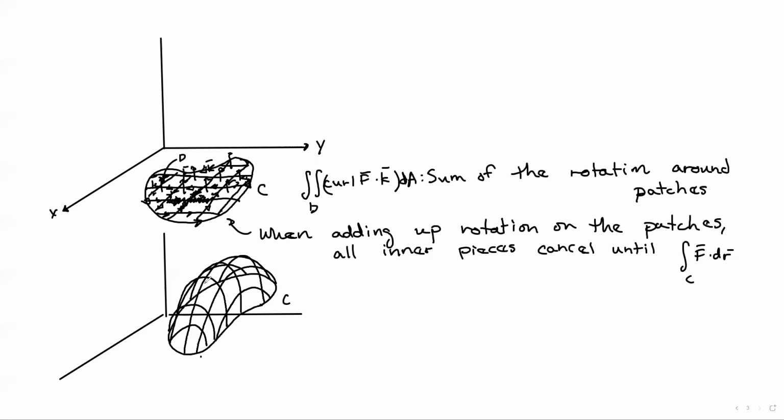Now if you calculate the rotation around one of these pieces, it turns out that the rotation around that piece is given by curl F dot N. If we do that for all of the patches, we get the double integral over S of curl F dot N dS. This is going to be the sum of the rotation around the patches.